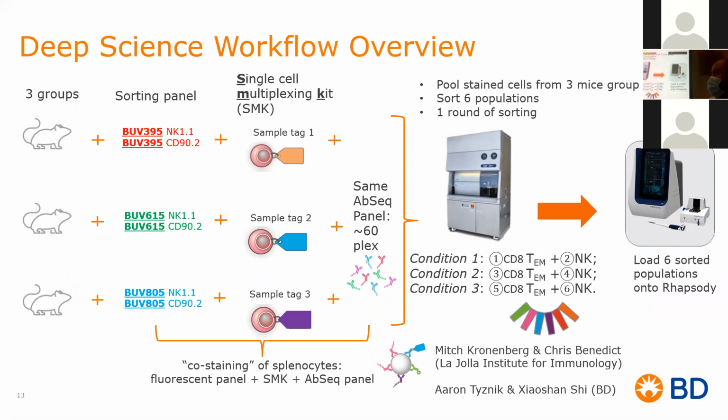We had 3 groups of mice, again, those mice that were untreated or that were treated with the different conditions that I mentioned. Now you see what I have here on the middle row called SMK, or single cell multiplexing kit, tag 1, 2, and 3.